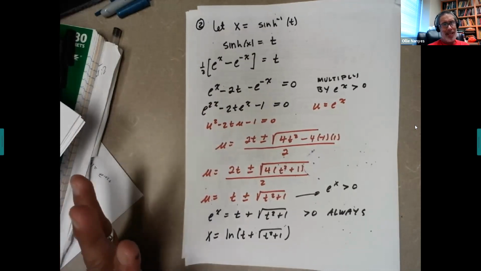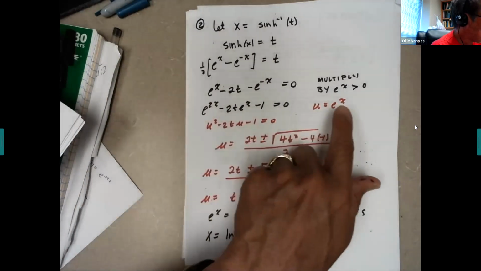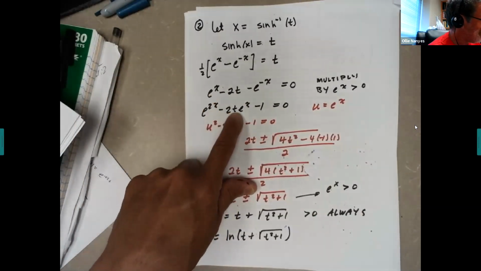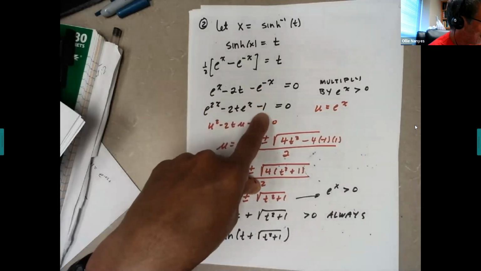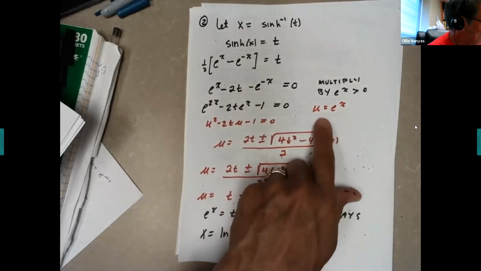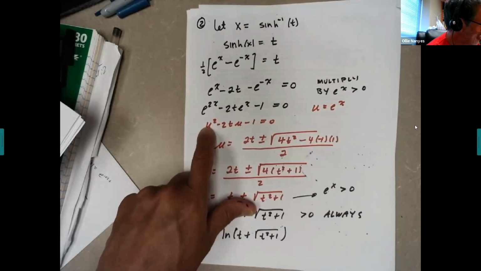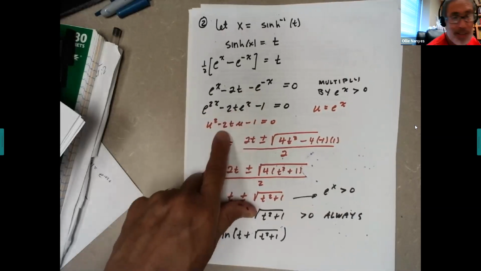Well, it's not a big deal, because now let's multiply both sides by e to the x, and we get e to the 2x minus 2t e to the x minus, well, e to the minus x times e to the x is a 1. Now, if we let u equal e to the x, look what we have. u squared is e to the 2x. u is e to the x. This is a quadratic.